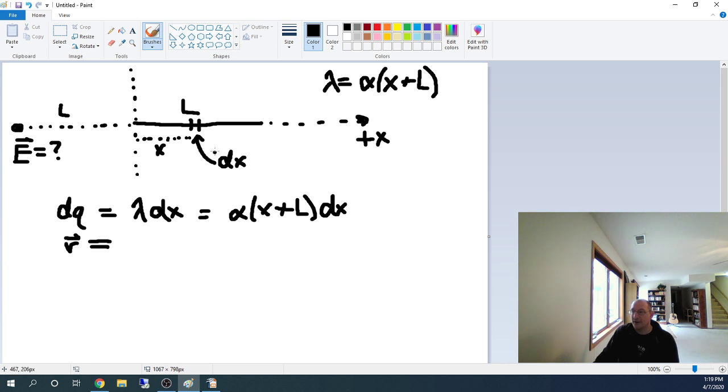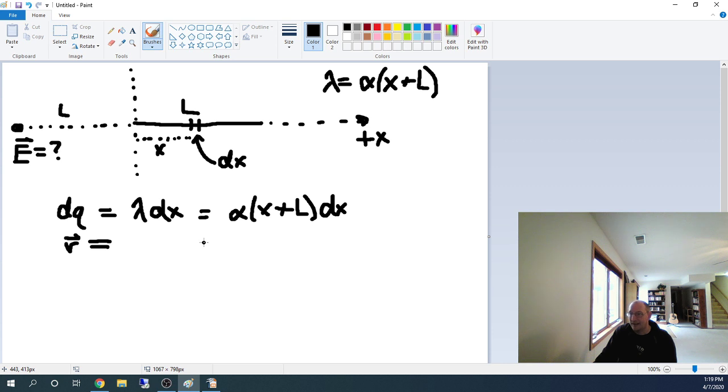Okay, so the next little bit is, what is our vector? The vector which points from our arbitrarily chosen spot back to the field point. Notice the vector that points from here to here, that's what we're going to call our vector.